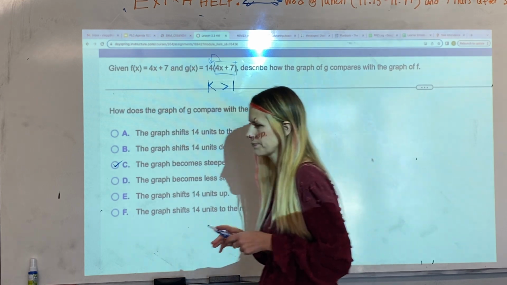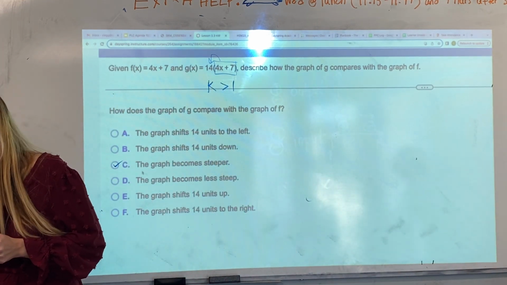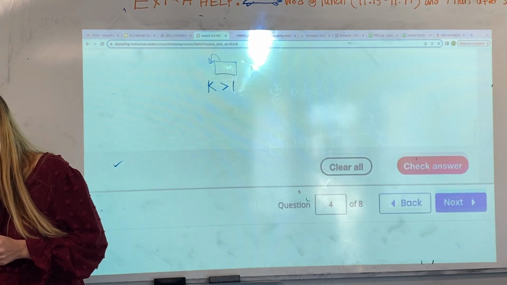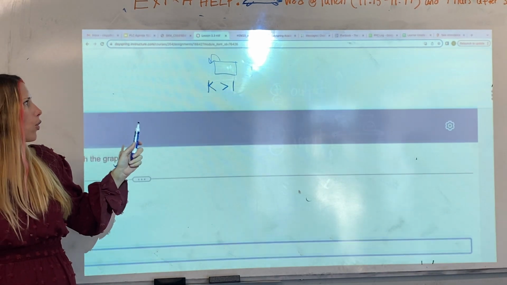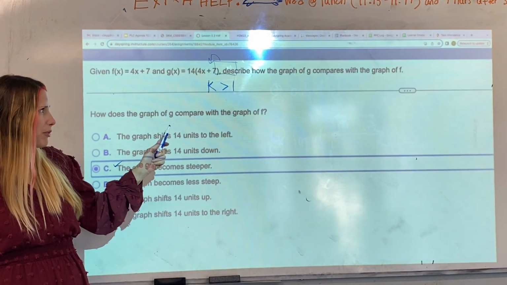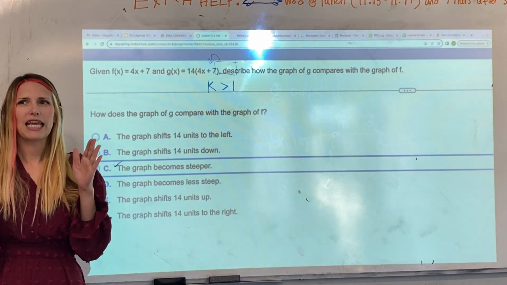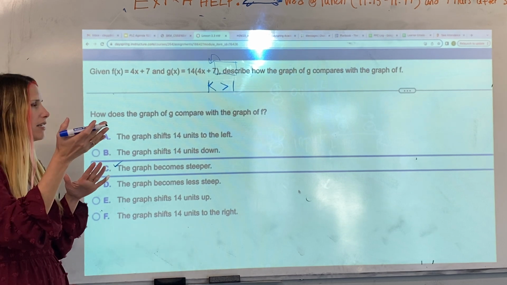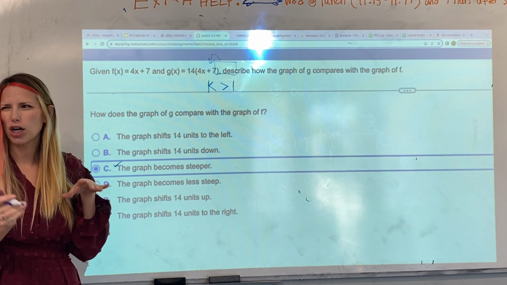But if the number's in between 0 and 1, like a fraction, it makes it less steep, and it's called a compression.